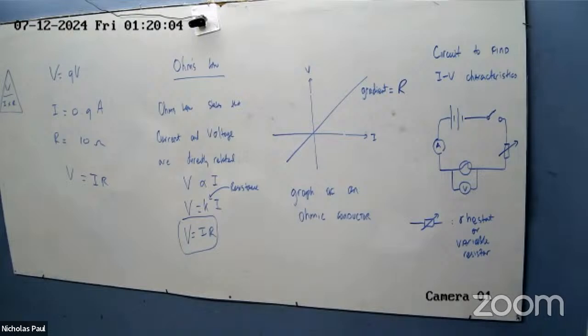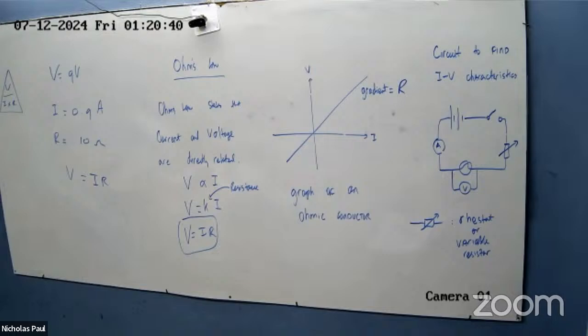So online, all we did there is I showed them how to set up a circuit. I'll take a picture of the circuit and send it to the group for you to take a look at. We learned about the IV characteristics.